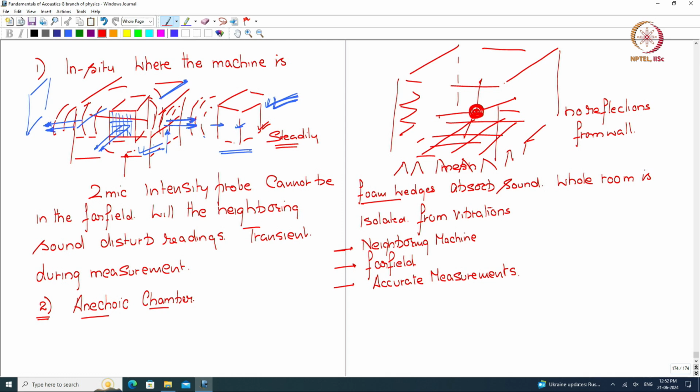Now there is another version of this anechoic chamber, which is a semi-anechoic chamber, or it's called a hemi-anechoic chamber.